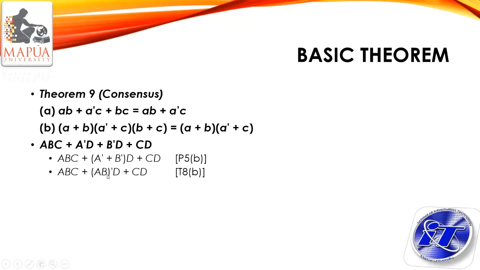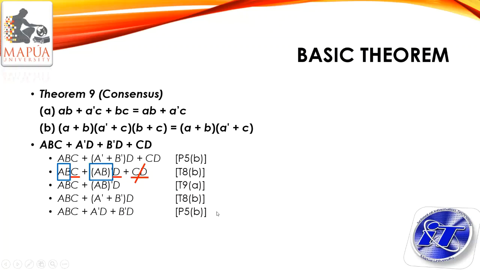And as you can see, NOT of AB is the negation of AB. And CD added to it is present in the third term. Therefore, the third term could be removed. So we have this answer.